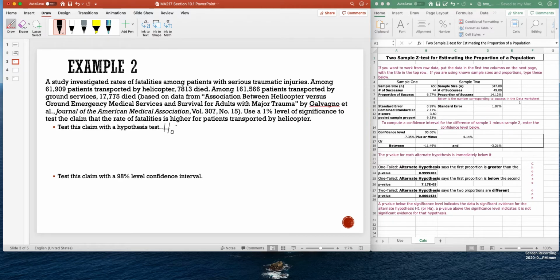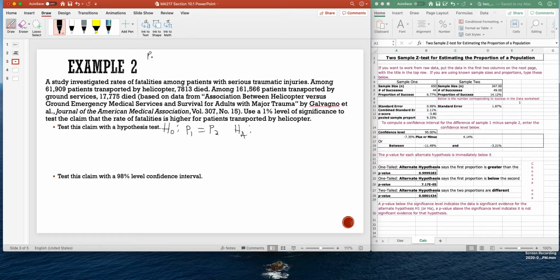So the null hypothesis for this is that the first and second proportions are equal. The alternative is, we are letting the first proportion here be for the patients transported by helicopter.